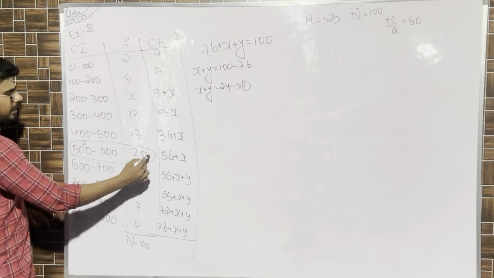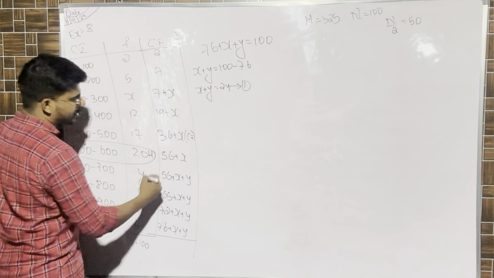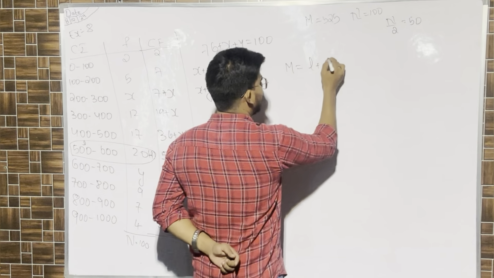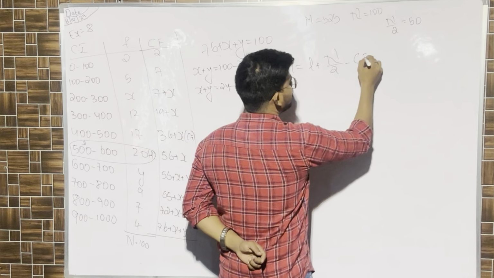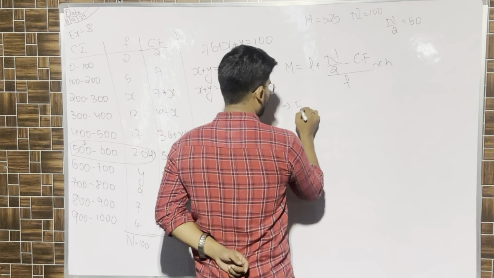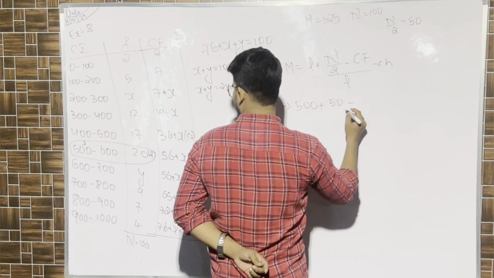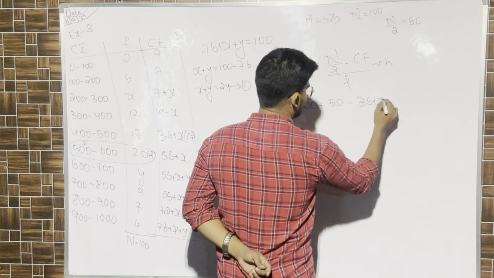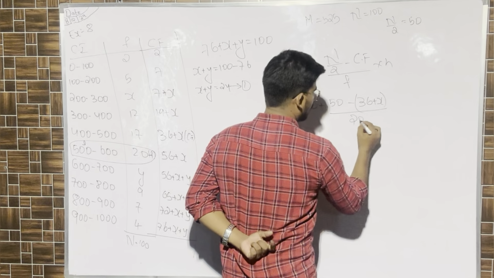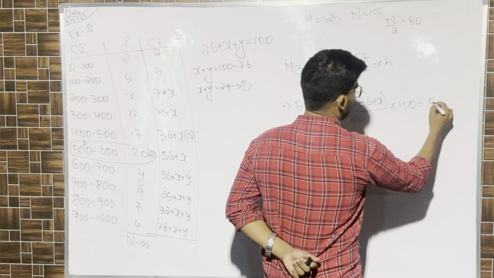This is L, this F is 20 and the cumulative frequency is 36. So let us substitute the median M. Median M is equal to L plus N by 2 minus CF by F into H. What is the value of L? 500 plus N by 2, 50, minus CF, 36 plus X, bracket, by F. F is 20, into H, 100, is equal to 525.